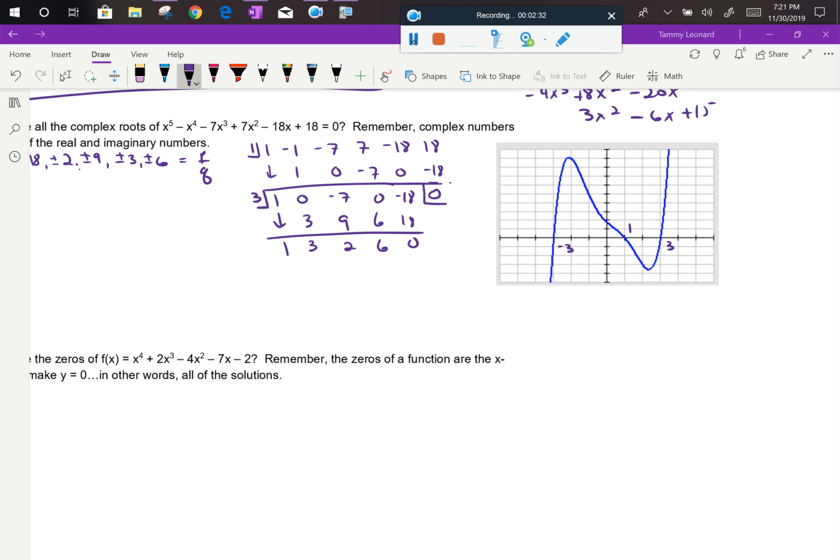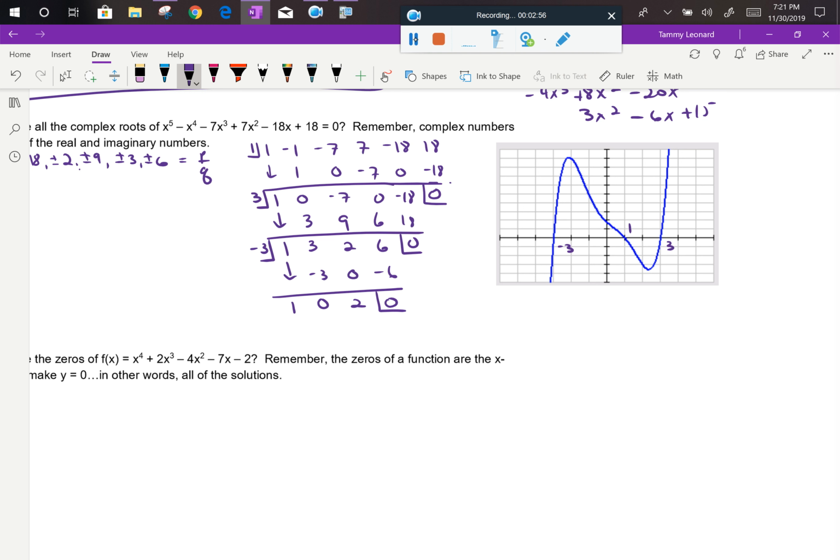And once again, we see we get a remainder of 0. We've confirmed our suspicion. And that leaves -3 to try, and we'll see where we're at with the remaining factors. So we'll do synthetic division one more time. Now, we've got a remainder of 0, so we've confirmed all 3 of these solutions work. So we've got x equals 1, x equals 3, and x equals -3.